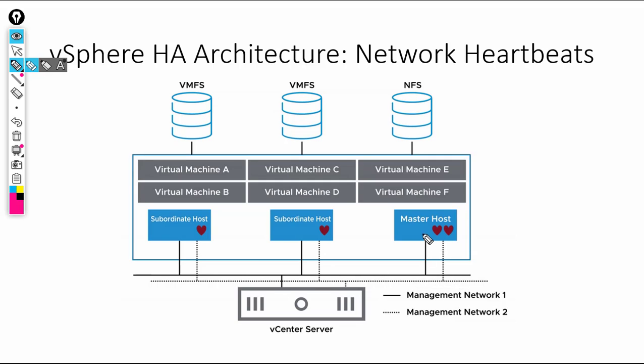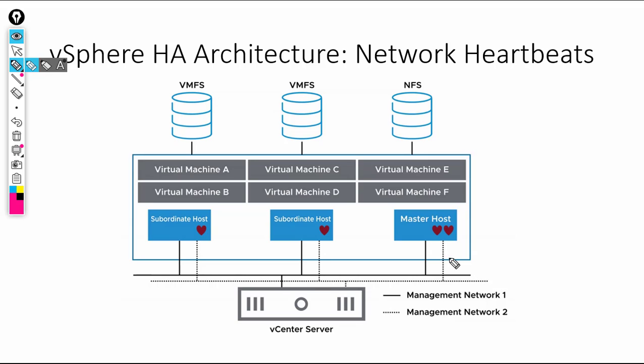The master host sends the heartbeat to each ESXi host that is part of the HA cluster, and the subordinate host responds to that heartbeat. Like that, the subordinate hosts and the master host synchronize with each other. If any host fails, it will miss the heartbeats, and based on the heartbeats, the master host detects which host is running and which host has failed.